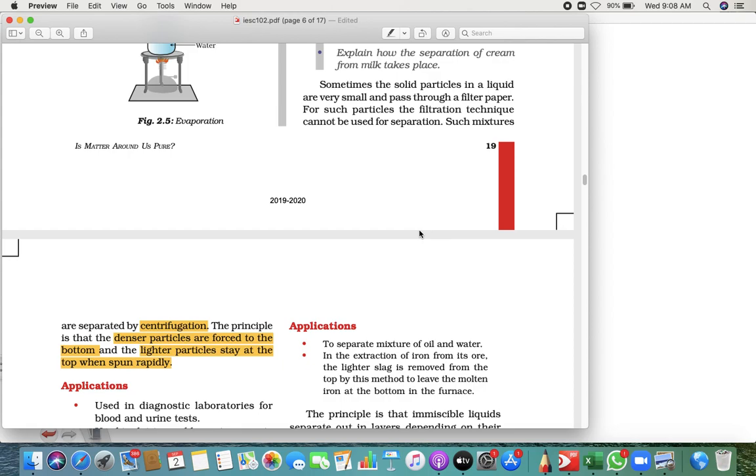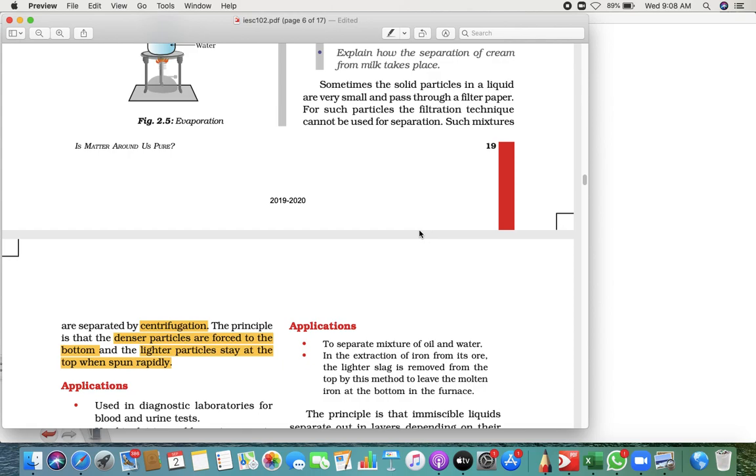Now this technique is not only useful for removing cream out of milk, but it is also useful for our medical tests, for example, our blood and urine tests. They have a small machine. What they do is, they put the blood or urine into a test tube, close it, and there is a machine that holds it.